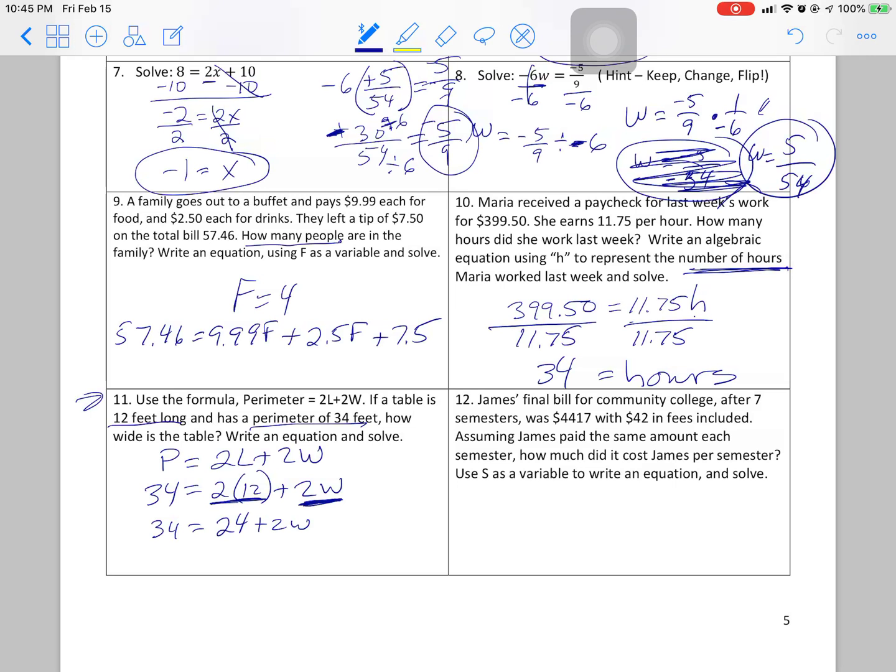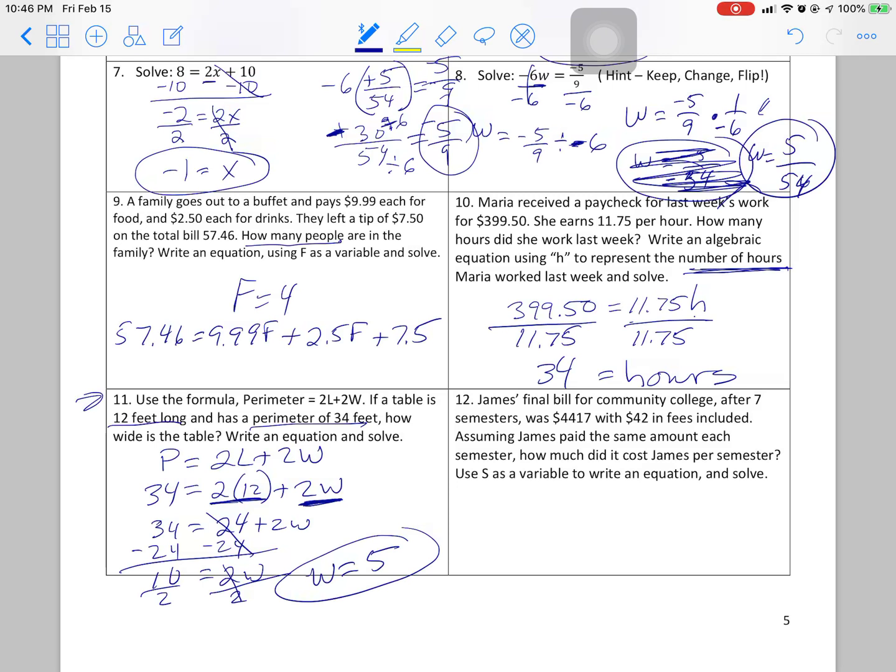I want to be able to move this 24 over here, okay? We move things by adding its opposite. So this is 10 equals 2W. Then isolate W by dividing by the same, and whatever we do to one side, do the other. So W equals 5. So the width is 5.